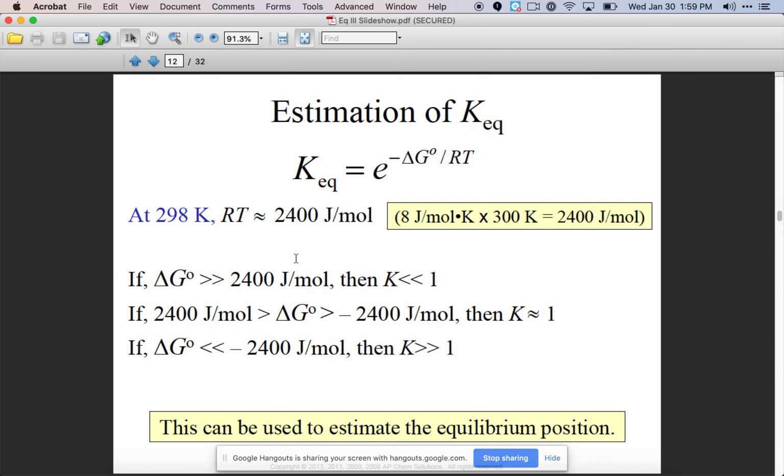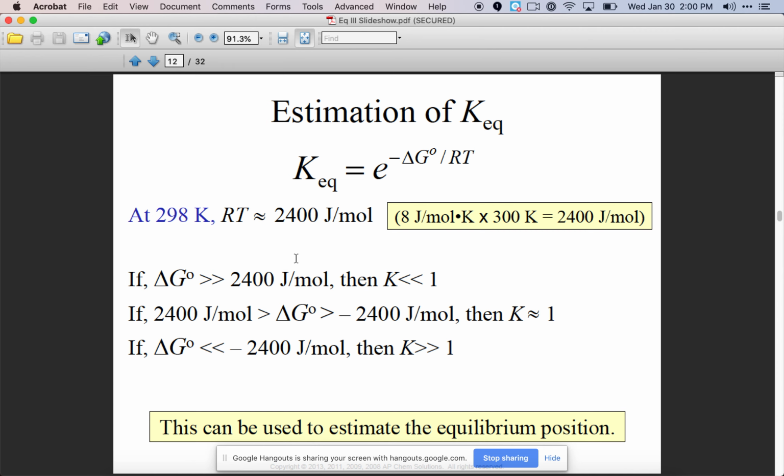Okay. So here's the situation where they make an estimate, okay? So they're assuming that standard state is 298, and they know that R is approximately 8. So when you take 8 times 300, you get 2400, okay? So they're saying if delta G is significantly greater than 2400, notice that's joules per mole, that is not kilojoules per mole.